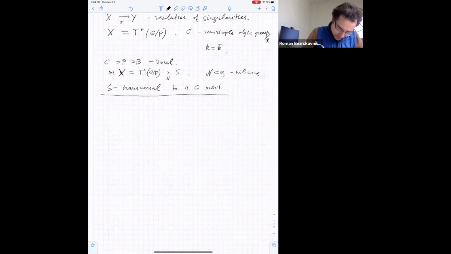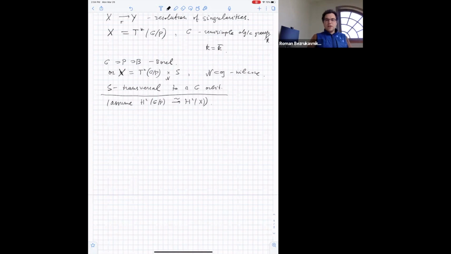To this we can associate H2 of X. Just to simplify the wording, we assume a minor technical assumption, which holds in many cases, that if we want to be in this more general context of a transversal slice, the map from H2 of G mod P to H2 of X is an isomorphism.